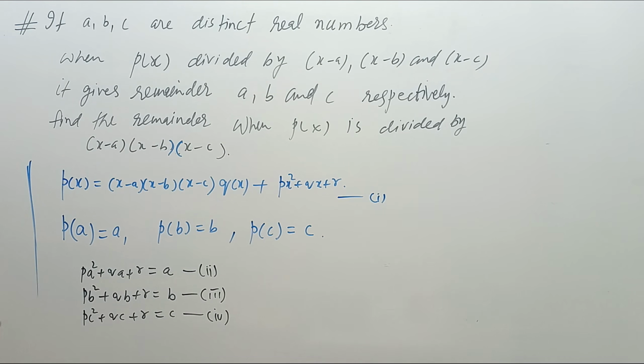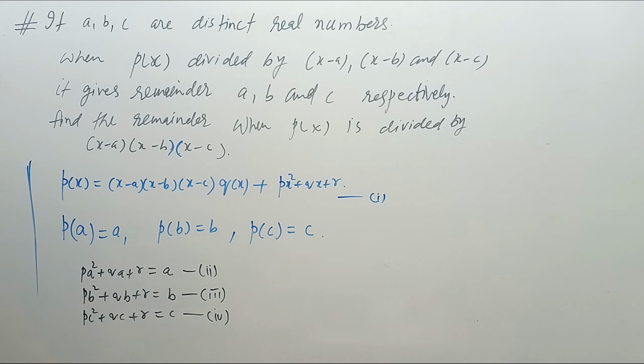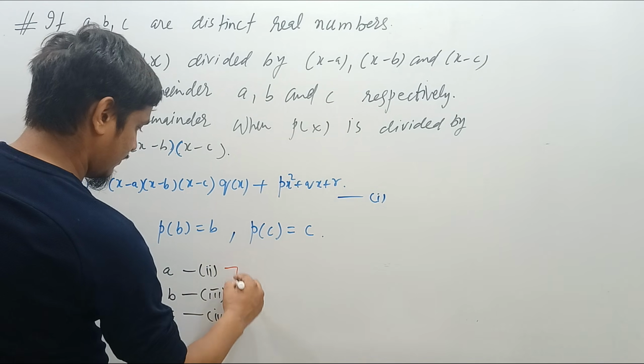Okay, so how can we do this? If we look at the 3 equations, we can find that p, q and r are the 3 variables. The coefficients of p are different in the 3 equations, and the coefficients of q are also different, but the coefficient of r is the same, so we can cancel this r easily. So we'll subtract these 2 equations.